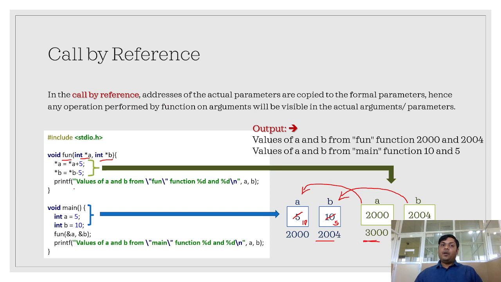So when we return from function fun, the values in the main function are already updated. The output of this program is: values of a and b from function fun are 2000 and 2004, which are the addresses of a and b declared in main function, and the values of a and b from main function are 10 and 5.